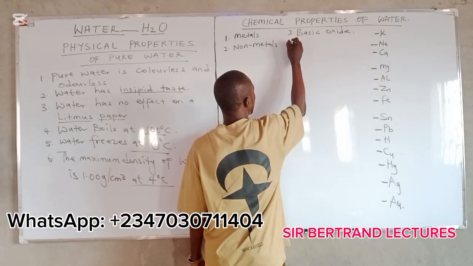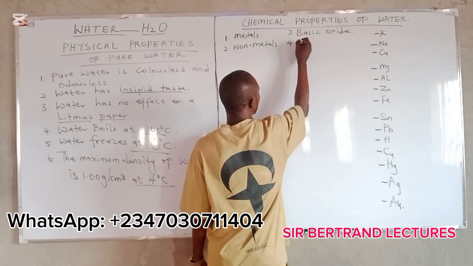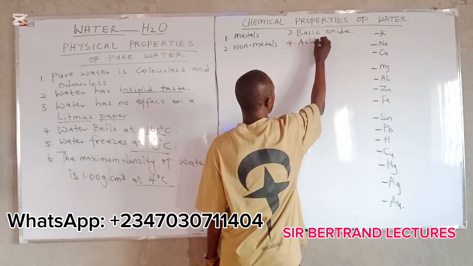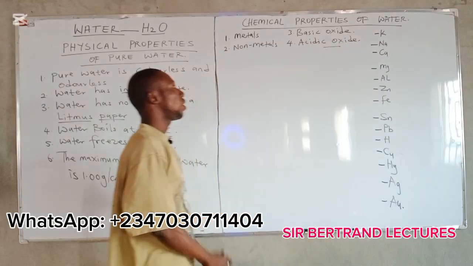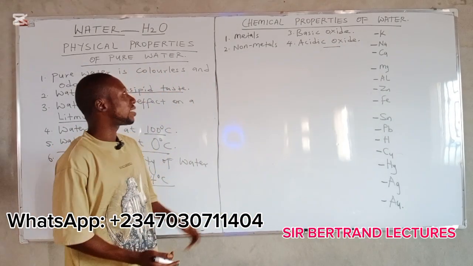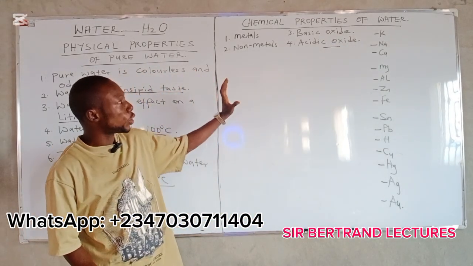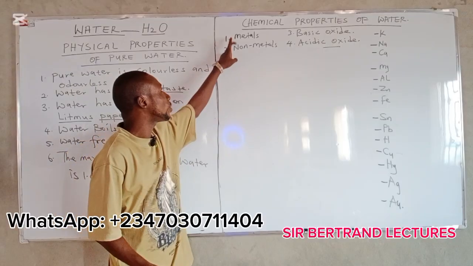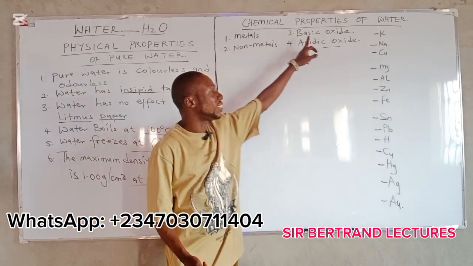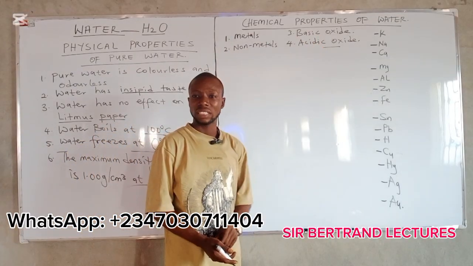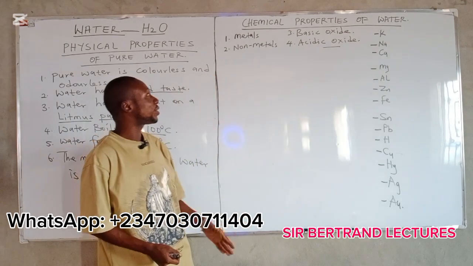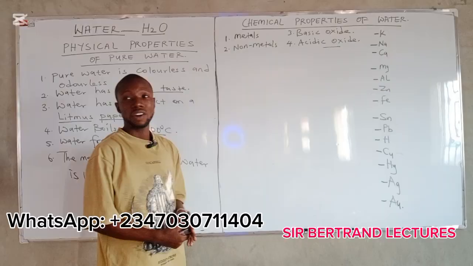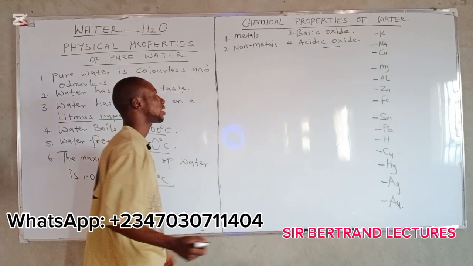Then number 4, acidic oxide. We are going to look at the reaction of water with metals, non-metals, basic oxide, and acidic oxide. Let's see how water behaves when it reacts with metals, non-metals, basic oxide, and acidic oxide.